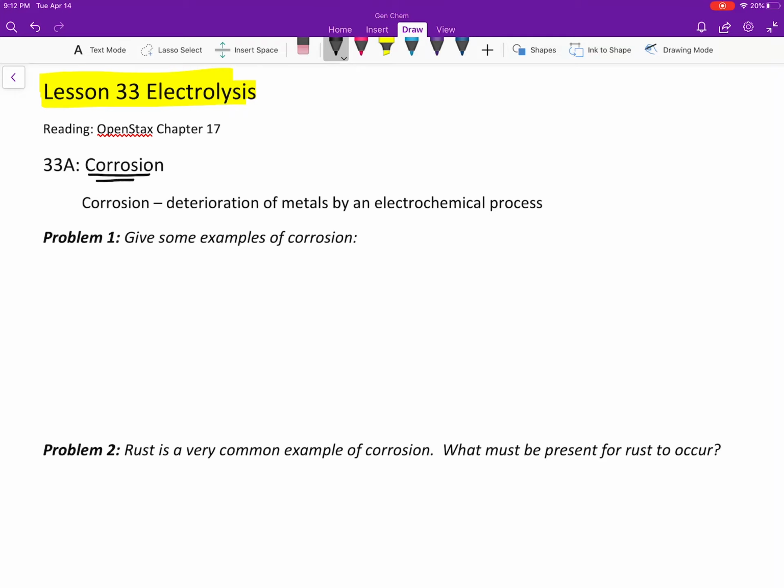Okay, so corrosion is the deterioration of metals. Think of the things on the left-hand side of the periodic table. They are going to be deteriorated by an electrochemical process. So electrons are being exchanged in some way, and when that happens, the metal deteriorates, and we call that corrosion.